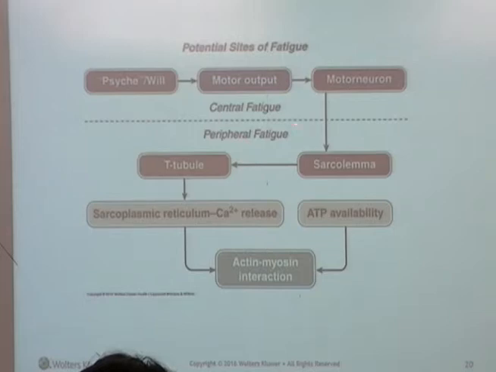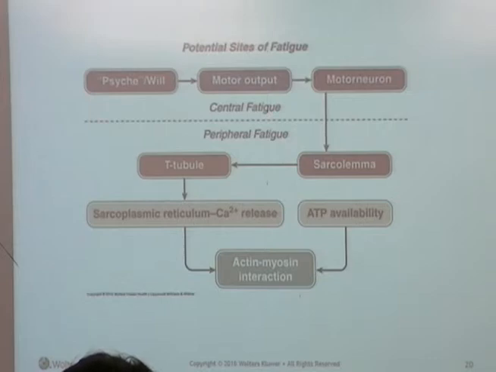The other form of fatigue that we see is in the peripheral nervous system. Here what we're looking at is what's going on once we're down at the neuromuscular junction and at the cellular level in the muscle tissue. Peripheral fatigue could be a lack of neurotransmitter.